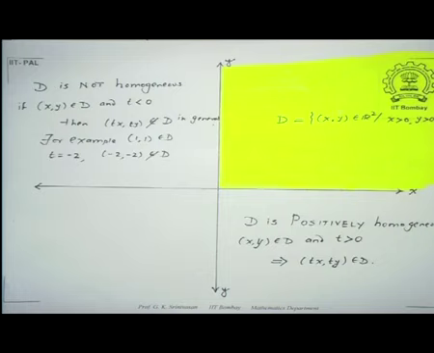Why do I say it's the open first quadrant? Because the boundary rays, the parts of the coordinate axis which bound this quadrant, are not included in the domain. The domain D is the set of all points (x, y) such that x is positive and y is positive. So, x equal to 0 is not included. So, it is the open first quadrant.